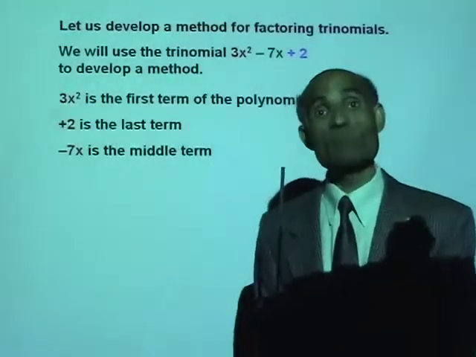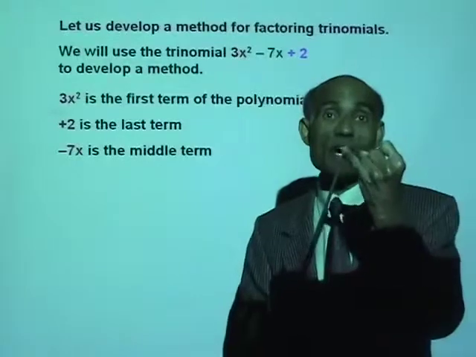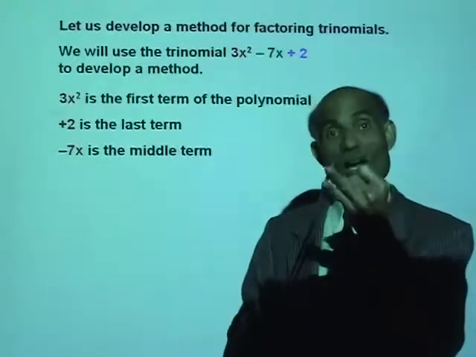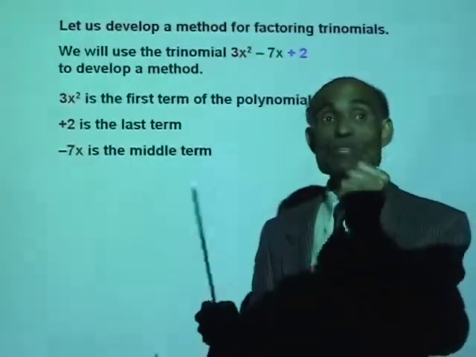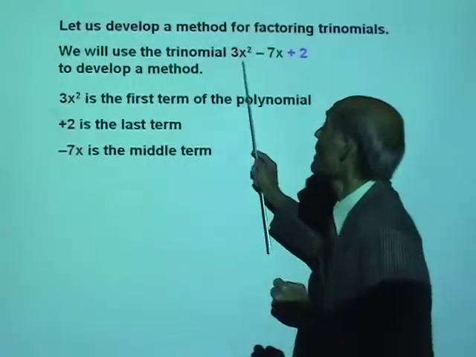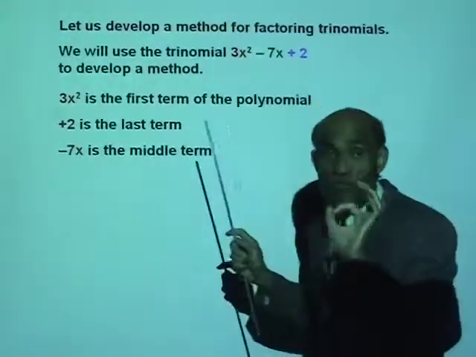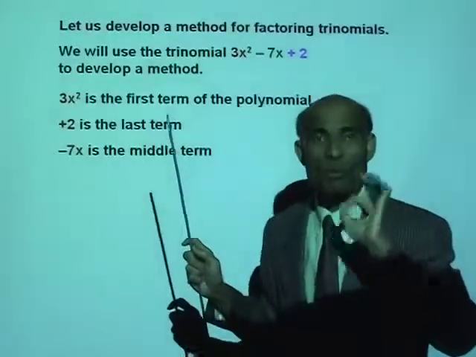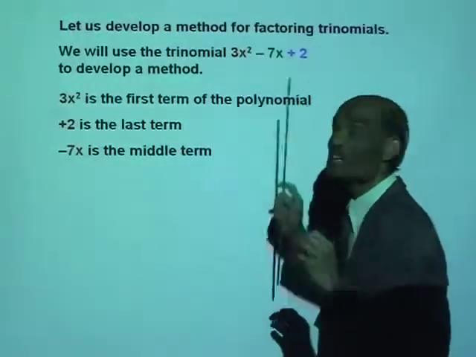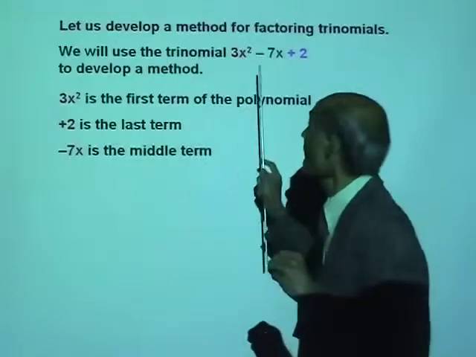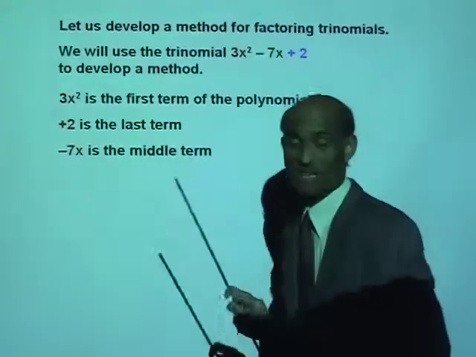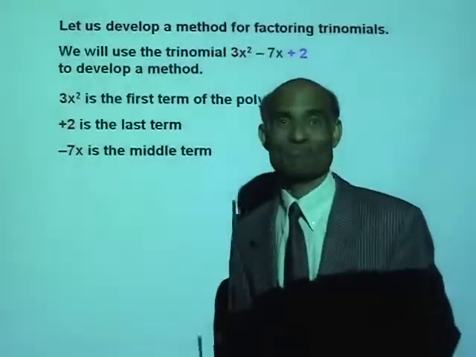So a trinomial has a first term, a last term, and a middle term. 3x squared is the first term here. Positive 2, what's the sign? It's very important. Positive 2 is the last term, and negative 7x is the middle term.